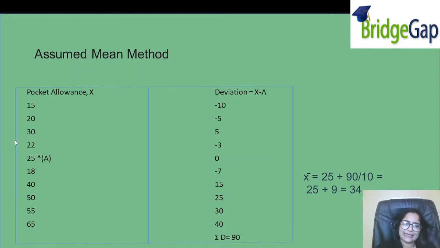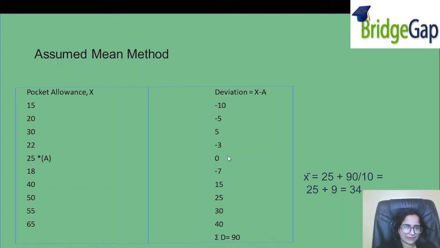Now for the calculation of d, that is the deviation, as the name tells, it is how much the series number is deviating from the assumed mean that I have taken. So it will be x minus a. So 15 minus 25 will be minus 10.